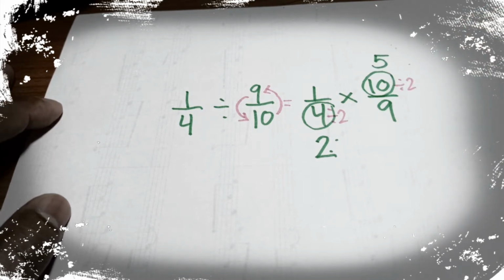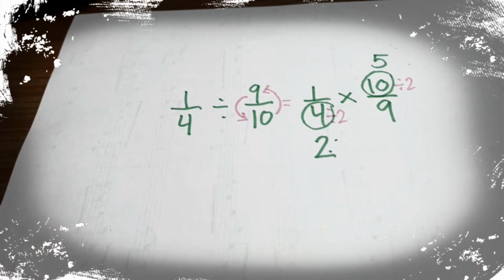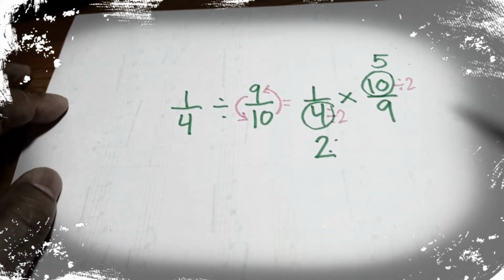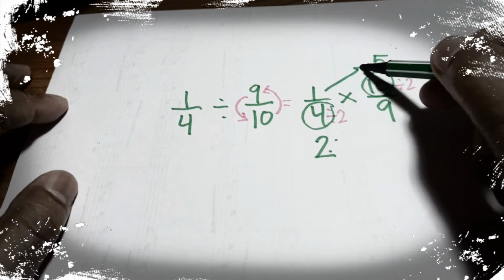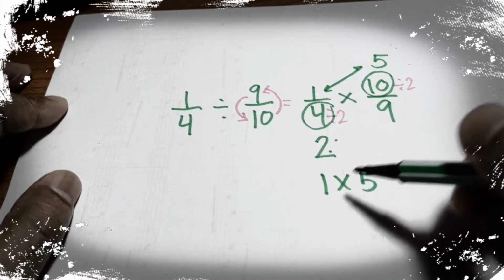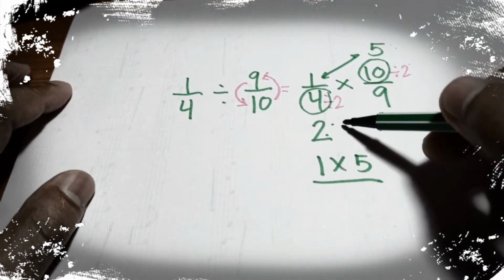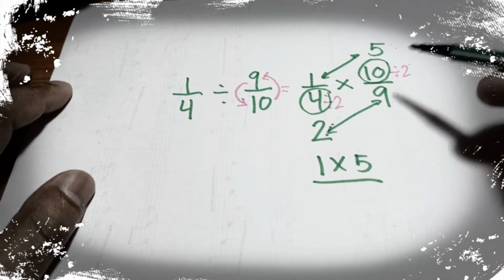Now, do you still remember the process on how to multiply fractions? It's the same process. So it will become 1 times 5 over 2 times 9.